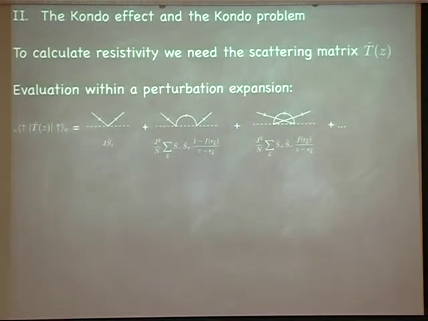But there's a second possibility. Namely, you can actually move the electron here, then have a hole propagating backwards in time, not an electron, and then spill out the electron again. This is a so-called exchange process. And you know quantum mechanics lives on these exchange processes. Otherwise, Hartree theory would be very boring.